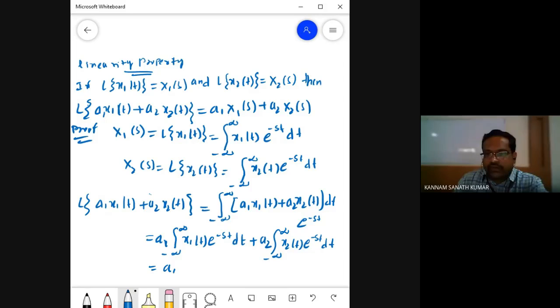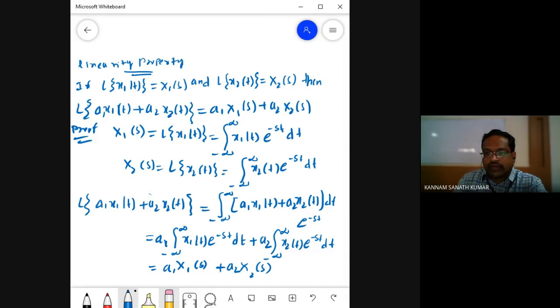So what is this formula? This formula you got, integration from minus infinity to infinity of x1 of t e power minus st dt equal to what? X1 of s. So a1 you can write as x1 of s plus a2 integration of x2 of t e power minus st dt equal to what? X2 of s. So this you can write as x2 of s.